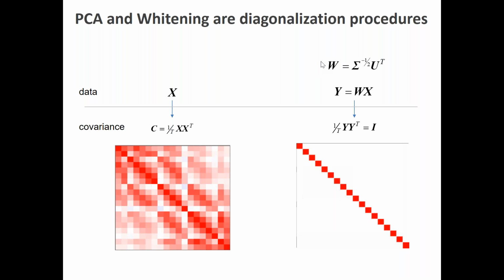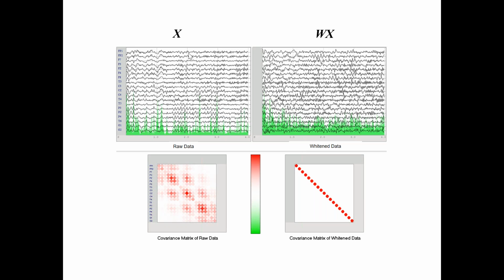If you want to see what this actually looks like when you apply it to EEG, this is what it looks like. This is EEG, real data, with its covariance matrix, and this is whitened data, so data that has been transformed by the whitening transformation. That's why I call it W. And this is with its covariance matrix, which is the identity matrix. Now, this whitened data is completely meaningless.